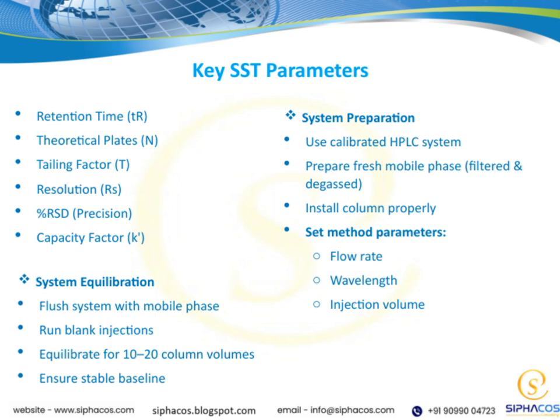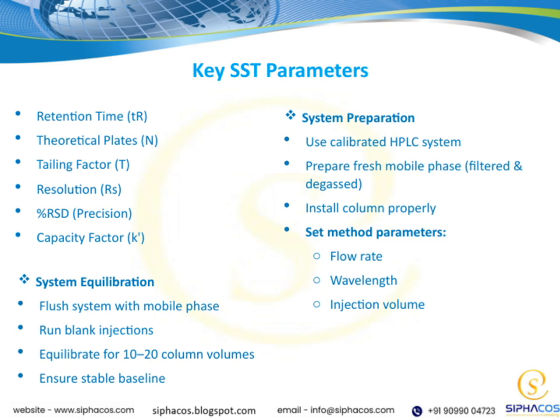Now let's talk about the key SST parameters. Retention time, or tR, indicates how long a compound takes to pass through the system, which is fundamental for identification. Theoretical plates, N, measure the efficiency of your column. The higher, the better. The tailing factor, T, helps us understand peak symmetry. Ideally, peaks should be symmetrical for accurate quantitation. Resolution, Rs, tells us how well two peaks are separated, crucial when analyzing complex mixtures.